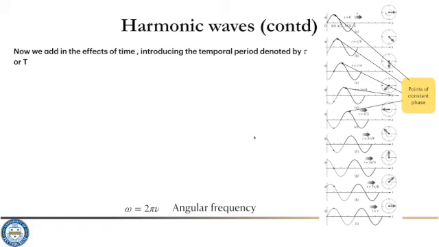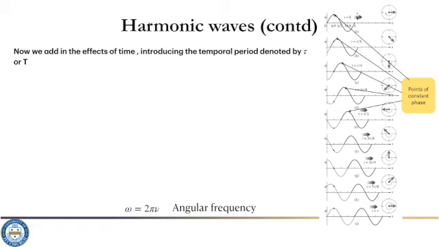Now, that is just about the waves in the spatial dimension. Now we're going to introduce the time dimension. Here on the topmost graph, I plotted a wave over one wavelength period, lambda. The maximum point of this wave is this point over here, which represents a phase of pi over 2, right?